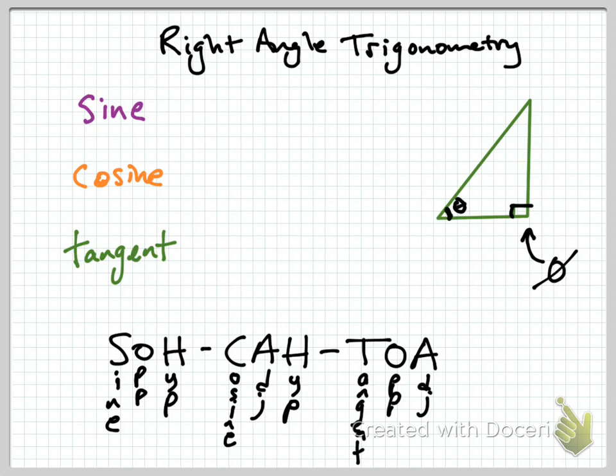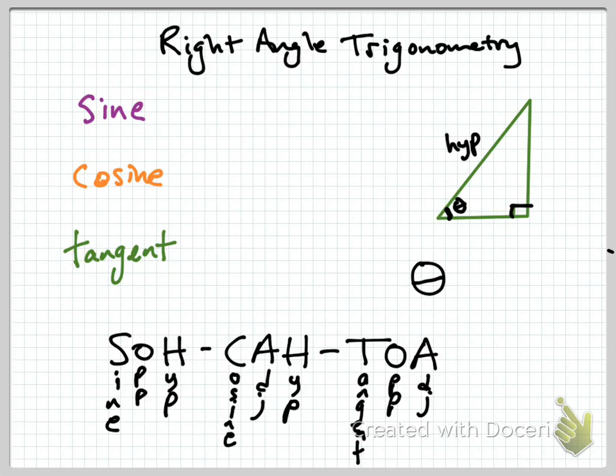I'm going to call it theta, which is denoted with this Greek symbol, sort of a circle with a little line through it. So if I think about theta, the triangle always has a hypotenuse if it's a right triangle. The hypotenuse is always the longest side.